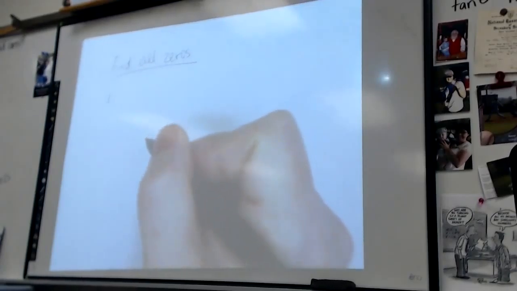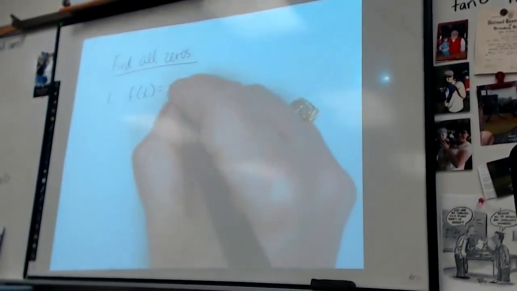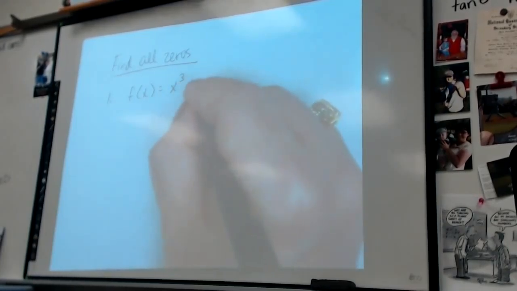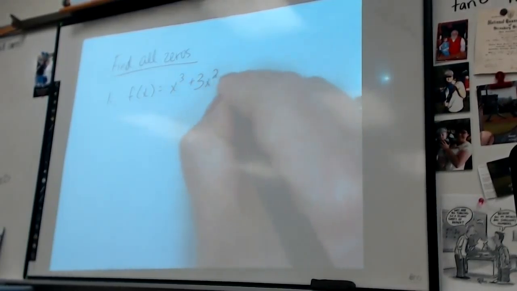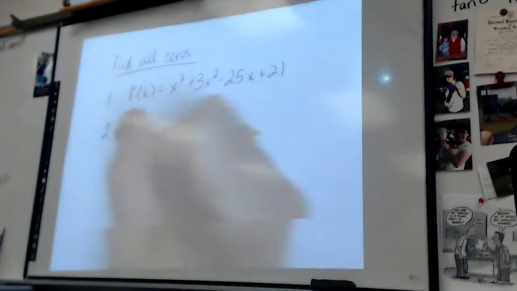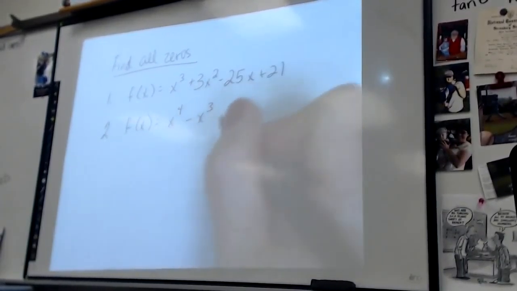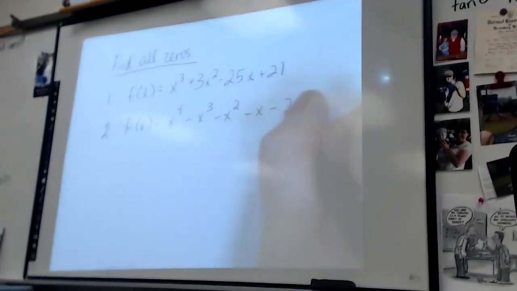Number 1, f of x equals x cubed plus 3x squared minus 25x plus 21. Number 2, f of x equals x to the 4th minus x cubed minus x squared minus x minus 2.